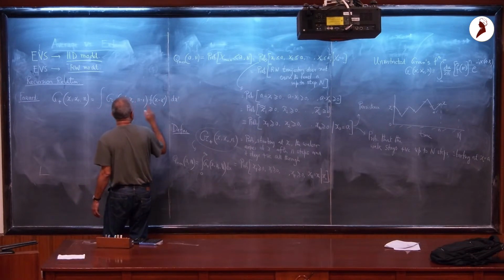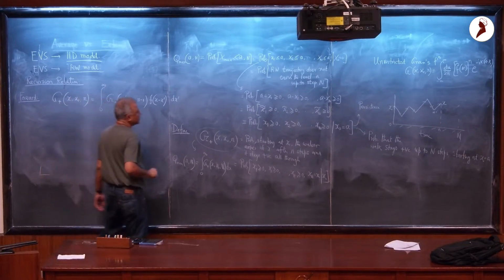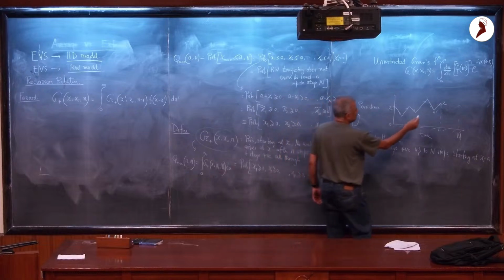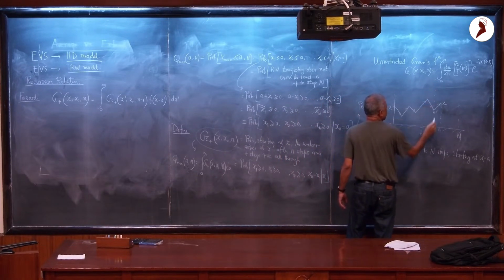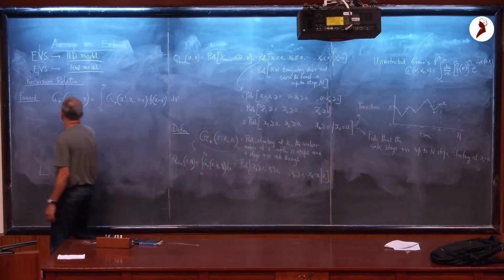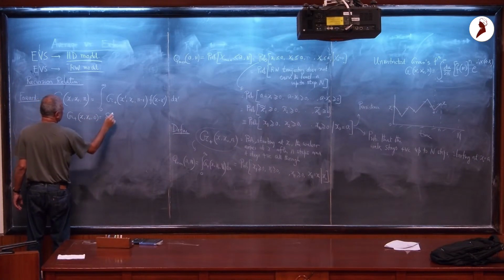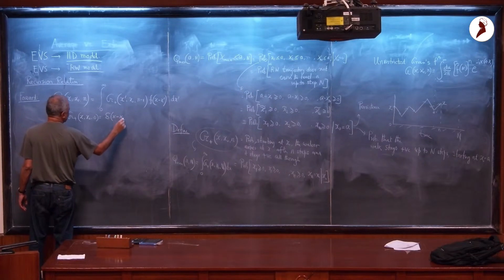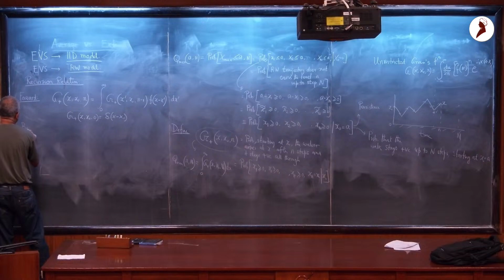But now x prime goes from 0 to infinity, because it cannot cross, so it can take only values from 0 to infinity. And you started from the initial condition, delta function of x minus x naught.